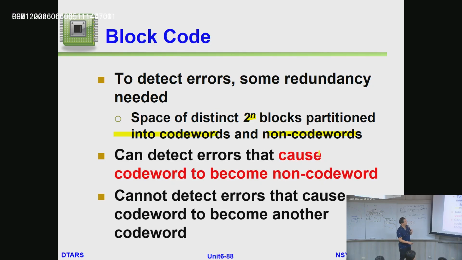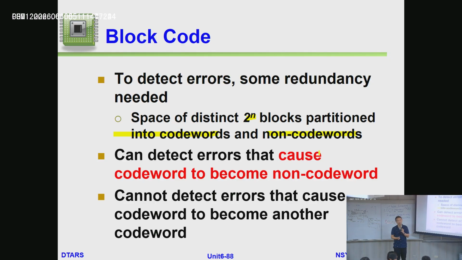So that is the idea. Later we will use an example to show how we can generate the check bits, and then use those check bits to check if the output is a code word or non-code word. If the errors make the code word become a non-code word, then such errors can be detected.